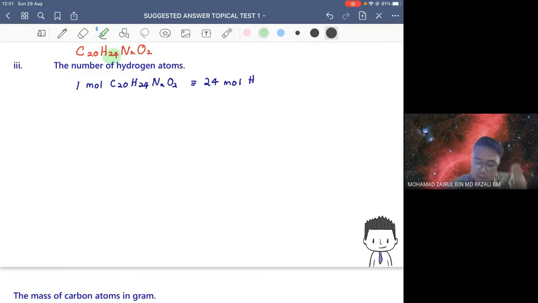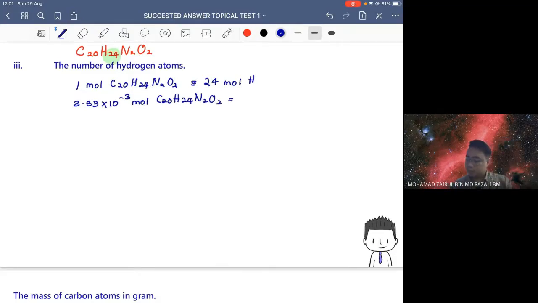But since we calculated earlier, the number of mole of quinine is not 1 mole. The number of mole is 3.33 times 10 to the power of minus 3 mole C20H24N2O2 is equal to, so if you calculate, you will get 0.07992 mole hydrogen. Okay, to find the number of hydrogen atoms, you just simply multiply by the Avogadro number.